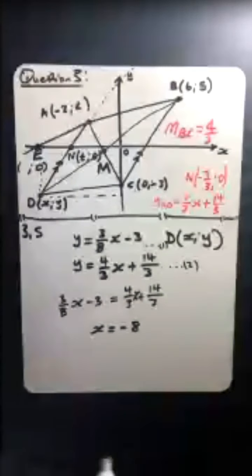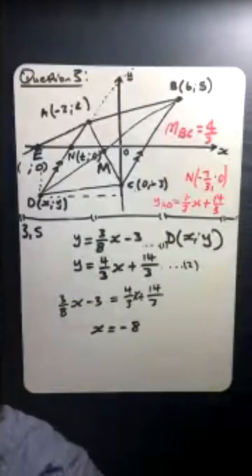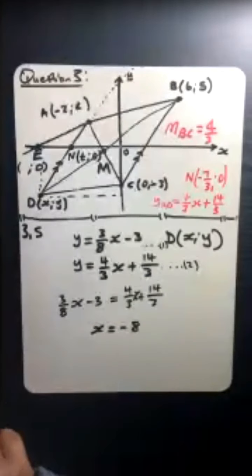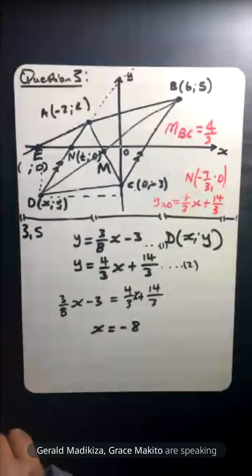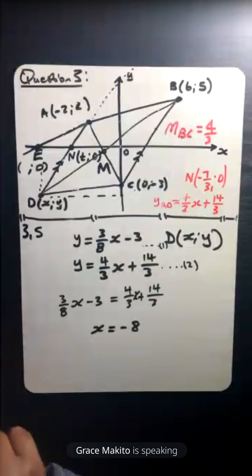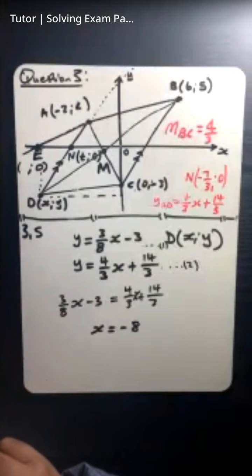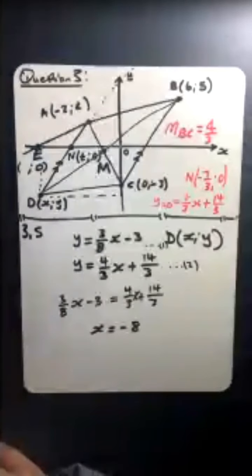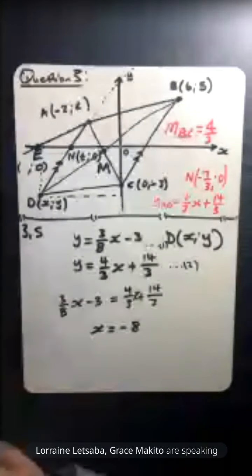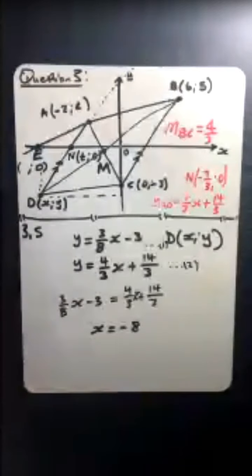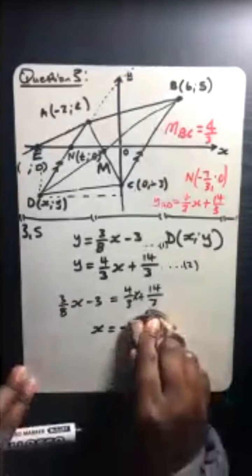The other one, what answer did you get? -8. I also got -8. It seems like most of you are getting -8.